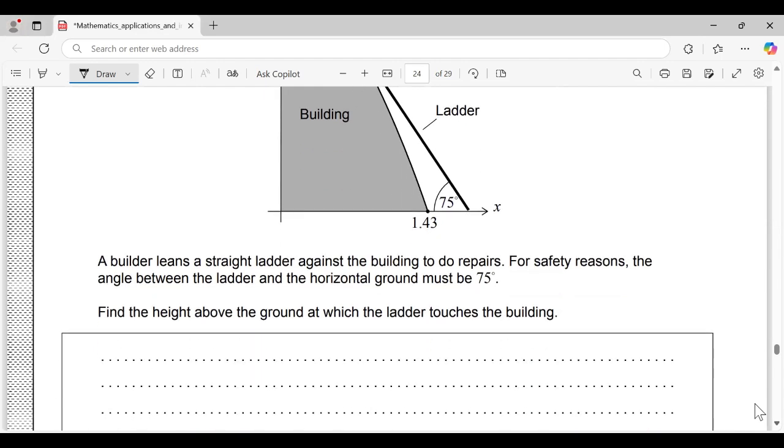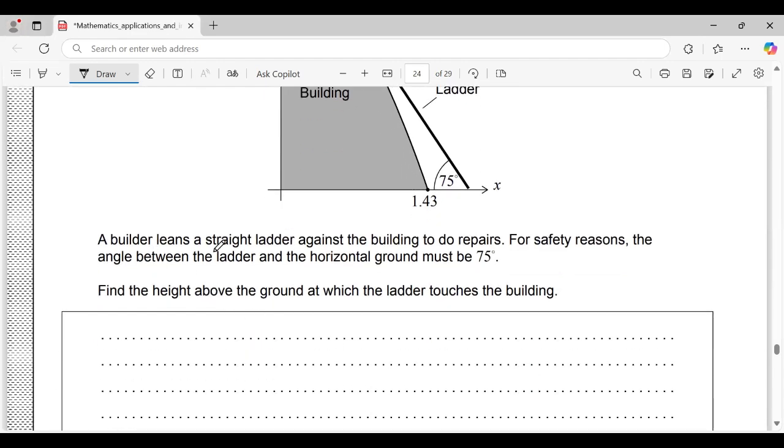A builder leans a straight ladder against the building to do repairs. For safety reasons, the angle between the ladder and the horizontal ground must be 75 degrees. Find the height above the ground at which the ladder touches the building. All right.